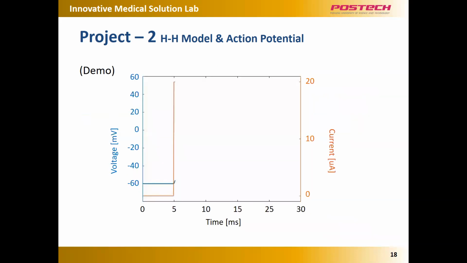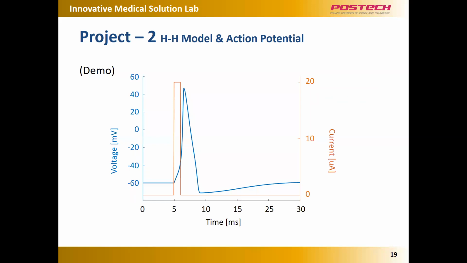This is the demo video. When the current enters like this, the membrane potential follows the action potential shape like that. Of course, you don't have to make a video like this, but you have to print this graph. In addition, please also separate the depolarization area and the repolarization area.